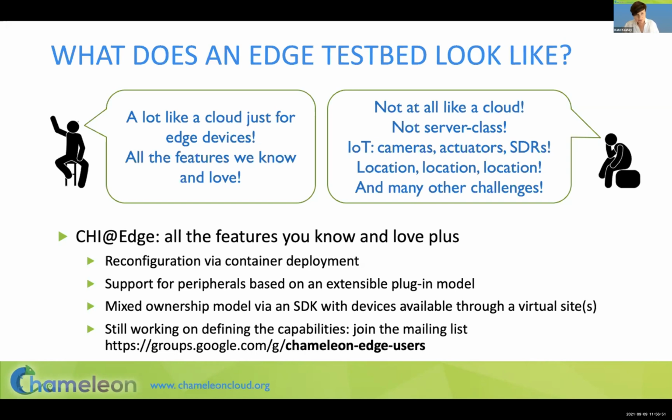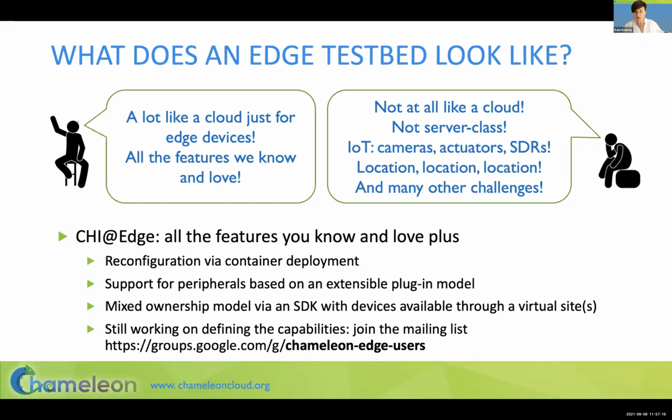So out of those two differing viewpoints came out CHIEdge, which has all the features you know and love in Chameleon, but reconfiguration is handled via container deployment for the time being. We're learning that there's both more interest and more availability on the bare metal side than we originally thought, but via container deployment for now.